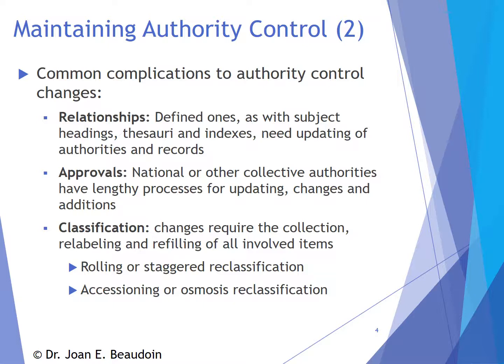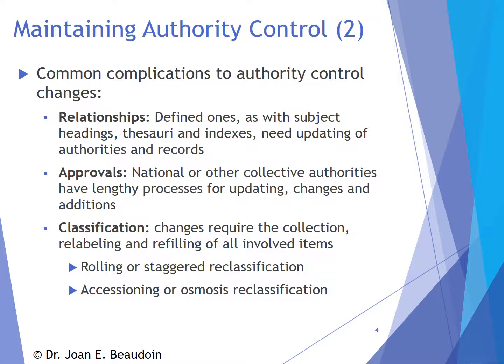Another complication is the approval process for national or international authority control agencies, such as the Library of Congress's subject headings, or the Library of Congress's name authority file, or the Getty artist name file, or the geographic place name file.